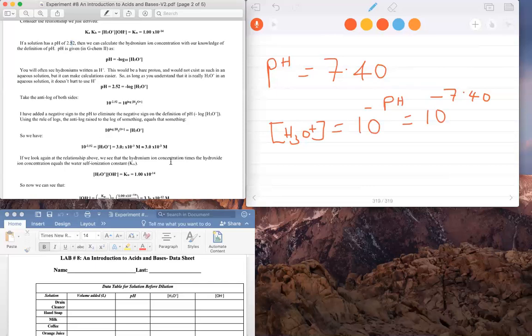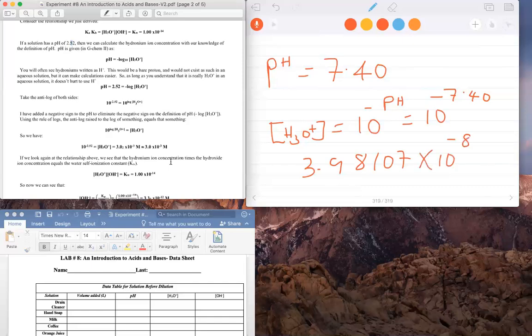So if I say 10 raised to negative 7.40, I see my calculator giving me 3.98107. This is more than what I need.